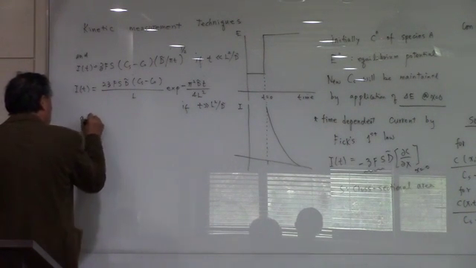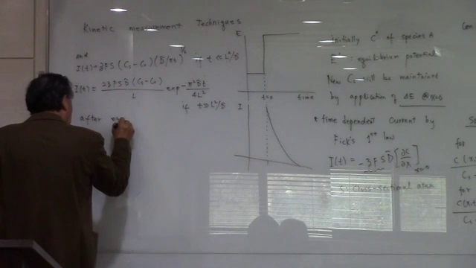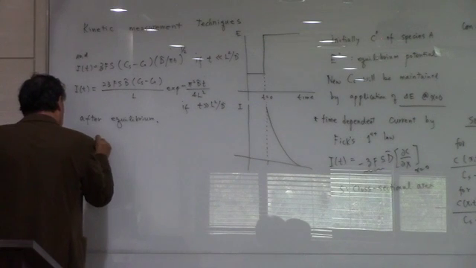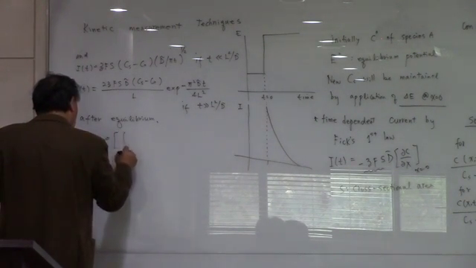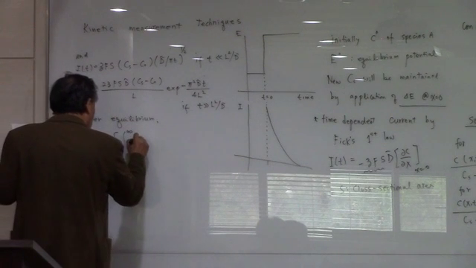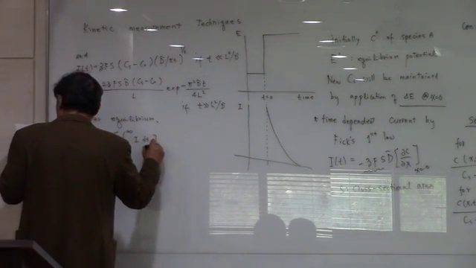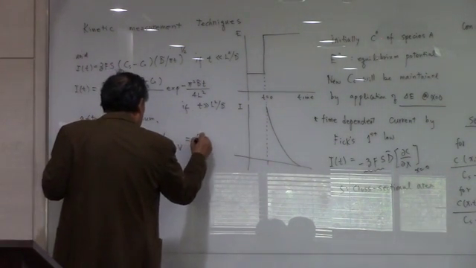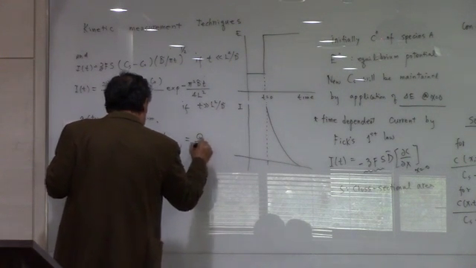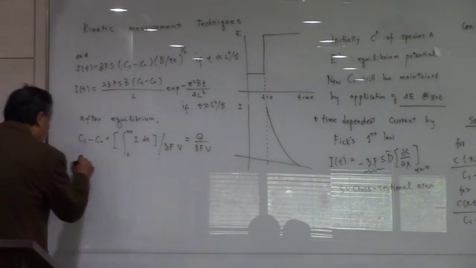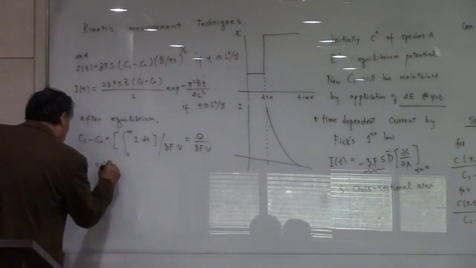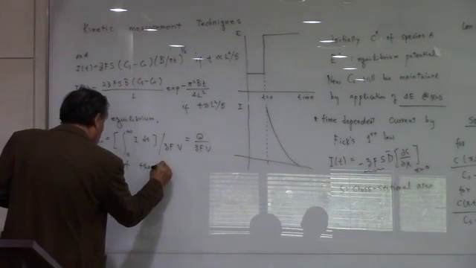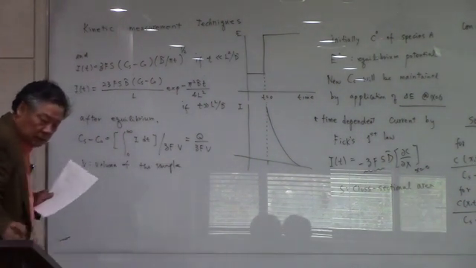And after equilibrium, CS or C naught is equal to the integral of I dt over F volume. Now, since there is a constant concentration, okay, the volume is simple.